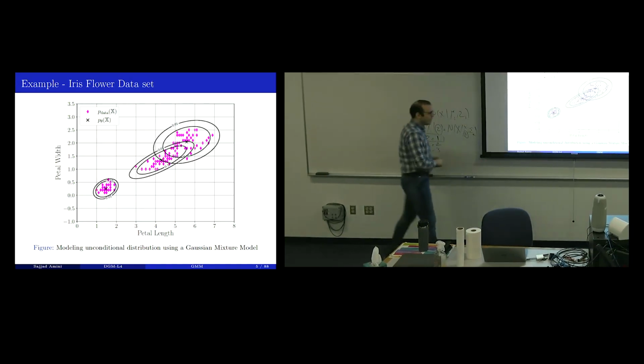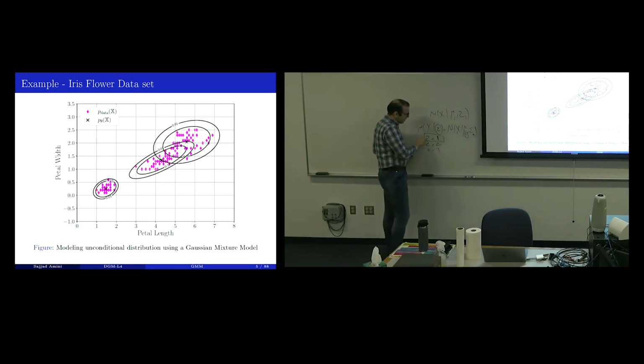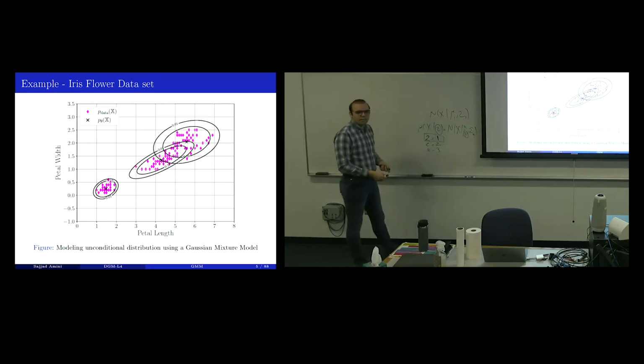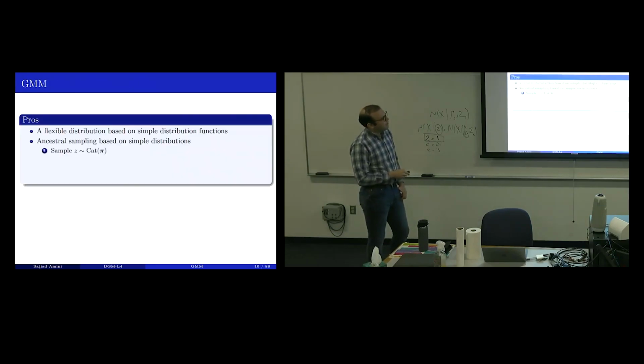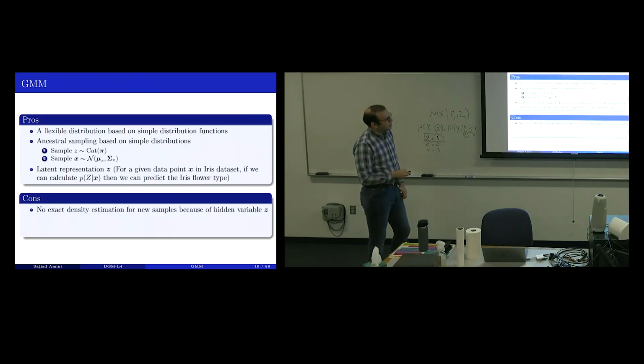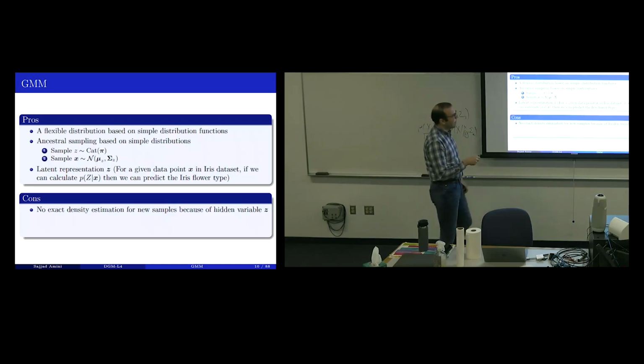And instead of all the information, I can just talk about the Z, because the most important point about each flower is its type, because we know that all of them are iris flowers, and this component is Setosa, for example. So this is the latent representation. It means that the latent information is very important for us.